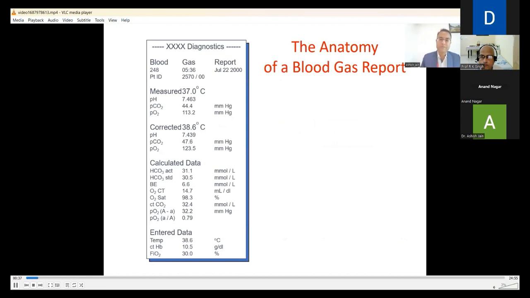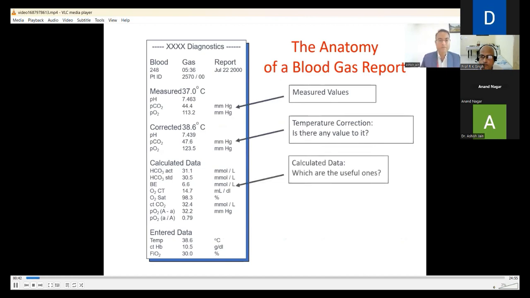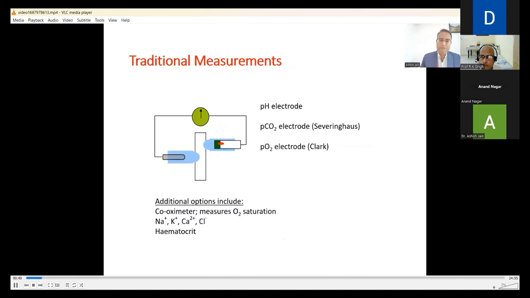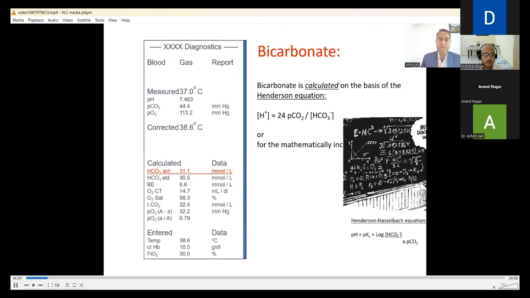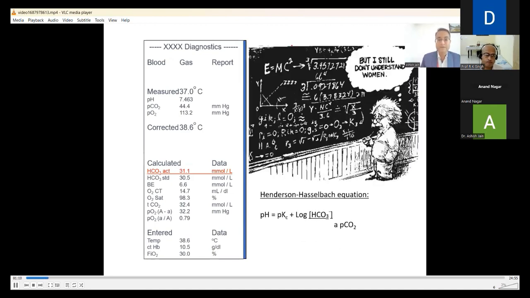First, coming to the anatomy of a blood gas report, you can see there are some measured values like pH, PCO2 and PO2, and calculated values in the form of bicarbonate with the help of the Henderson equation. Normally an ABG machine measures pH, PCO2 and PO2, but it can also measure electrolytes, hematocrit, co-oximetry, methemoglobin, fetal hemoglobin and oxygen saturation.